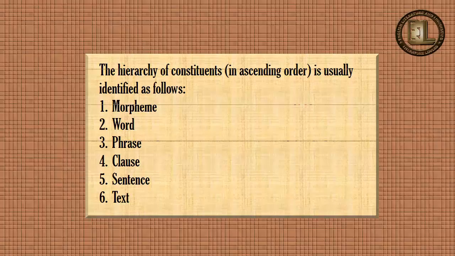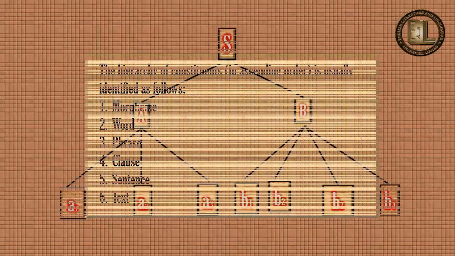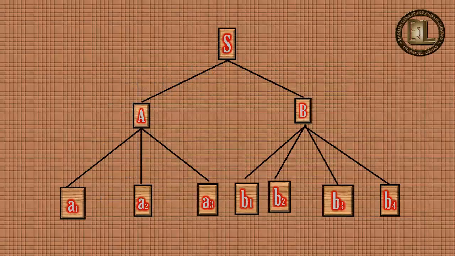Hierarchical structure can be represented by a tree diagram as given in this figure, where S represents a grammatical sentence and A and B are its constituents.